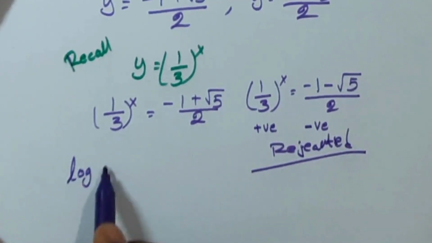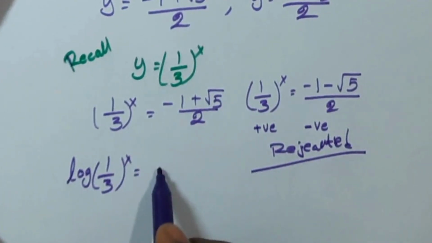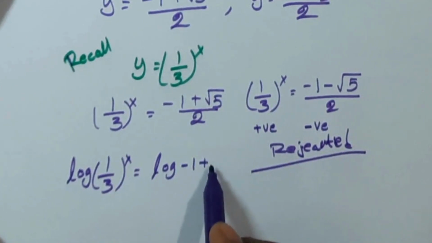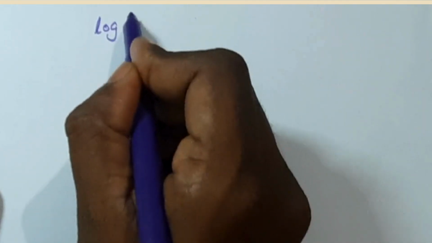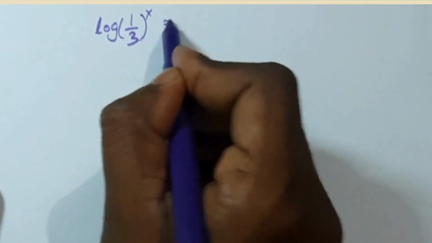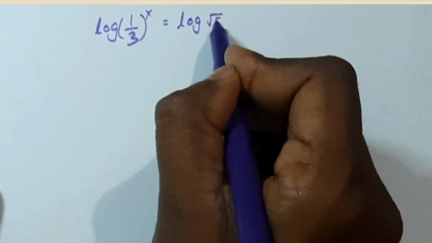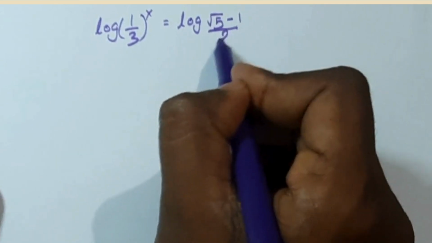Now take a log on both sides for this. Log 1 by 3 whole power x equal to log minus 1 plus square root of 5 by 2. Log 1 by 3 whole power x equal to log square root of 5 minus 1 by 2.